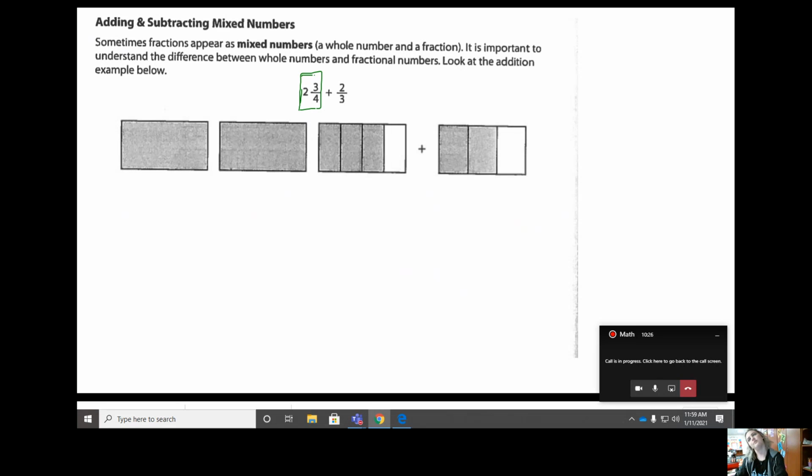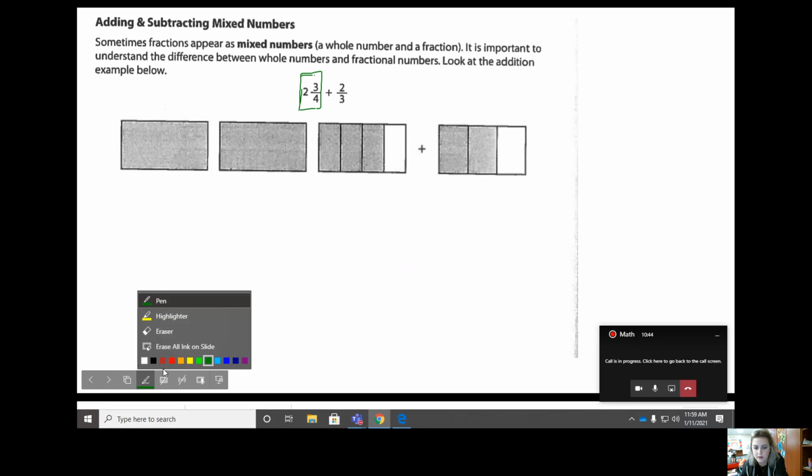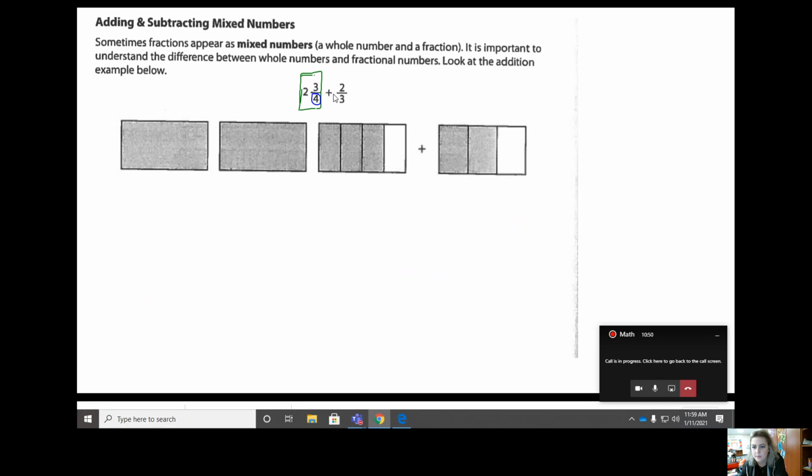Okay, so what do we start with? What is our first step when we add and subtract fractions? Now, don't get confused or don't get panicky just because we have this whole number here. We still have to find our common denominator.